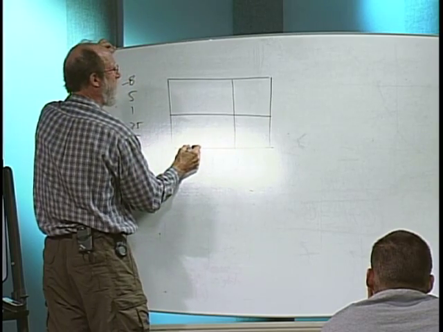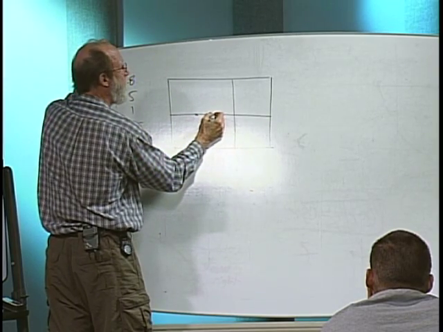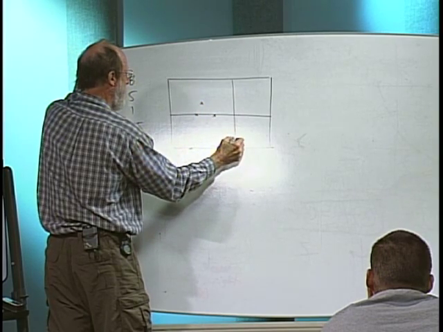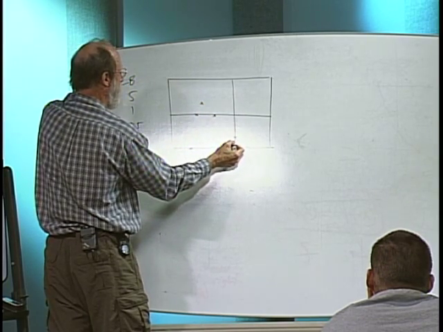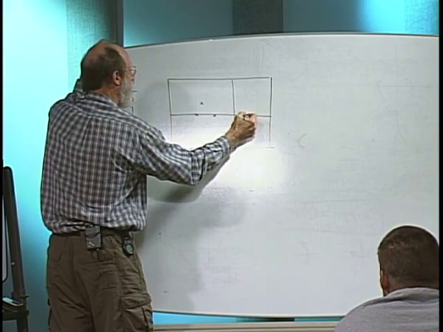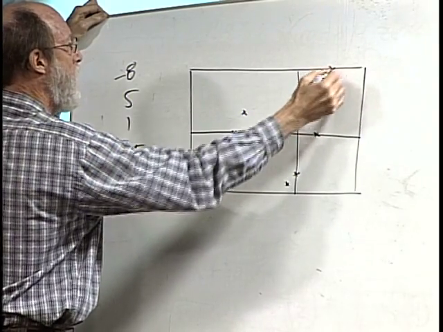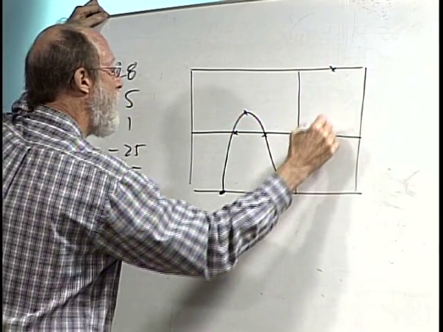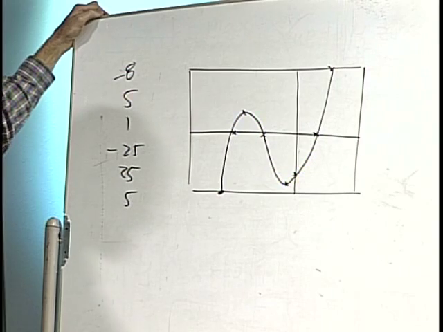And I see where it goes off the bottom, where it zeros, where it peaks, approximately, where its y-intercept and where it bottoms out, where it zeroes out again, and where it goes off the screen. And then I can lay that curve in there pretty nicely. I have a real good sketch.